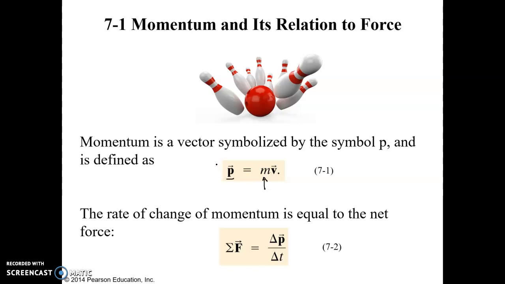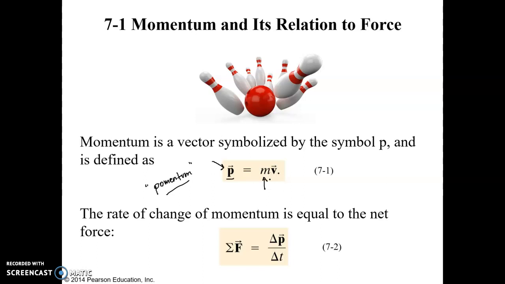I've had some students jokingly, to help them remember that P is momentum, refer to it as po-mentum, and I thought that was kind of funny. So I've remembered that and still use it to this day, po-mentum, to help you remember that P is momentum.